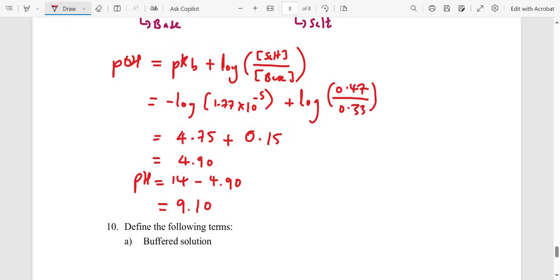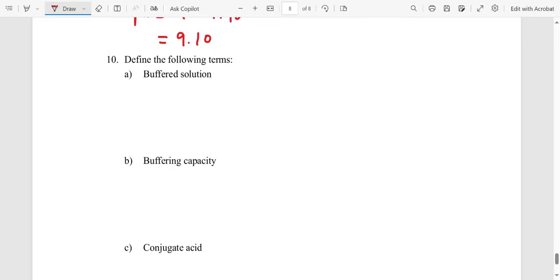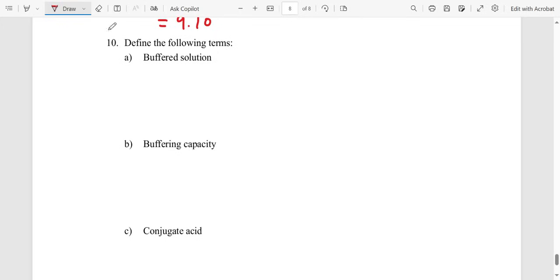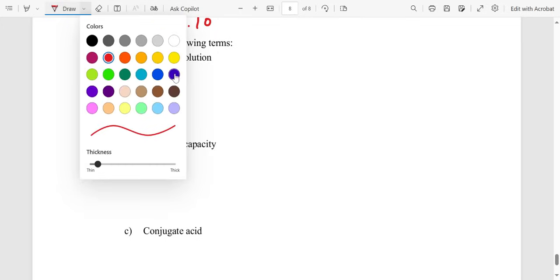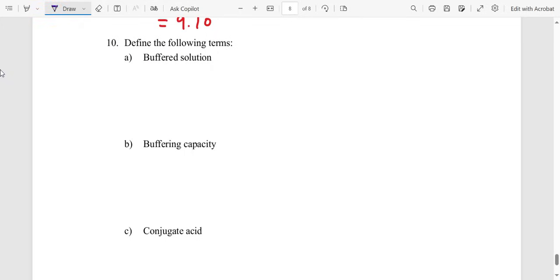And then for the definitions, define a buffered solution. A buffered solution or a buffer solution is a solution that contains a weak acid and its conjugate base, or a weak base with a conjugate acid. That's it. If it's strong, then it's not a buffer.